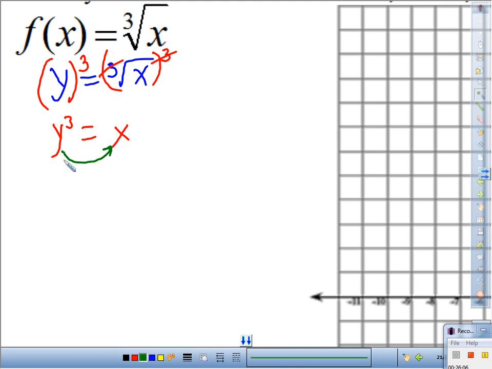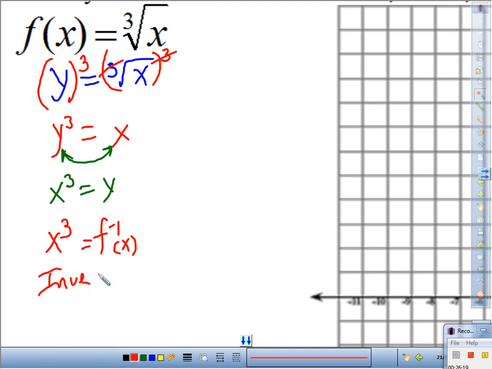Exchange the variables, the x for the y. We end up with x cubed equals y. Can we leave it as equal to y? No, that's why we write f inverse of x equals x cubed, and this is our inverse. And we're like, Mr. Q, this is a piece of cake. We've been doing this for 2 weeks on the warm-ups. I know, right?